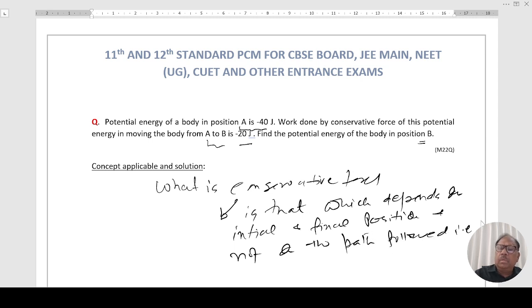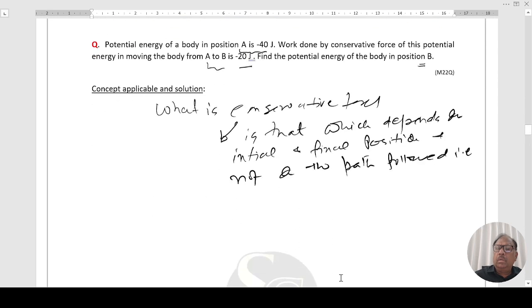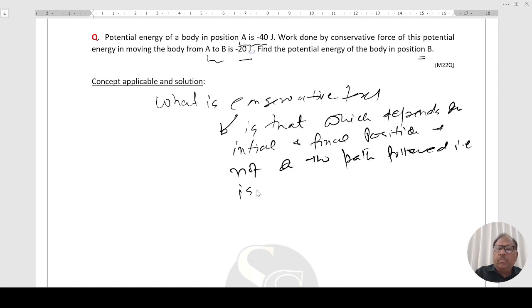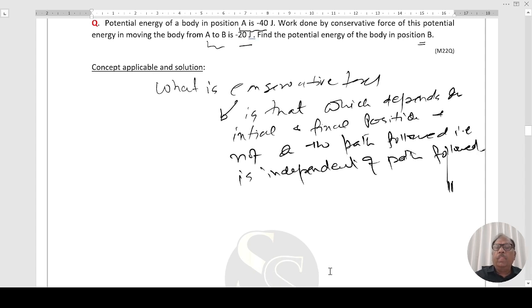That is, independent of the path followed. Independent of the path followed.